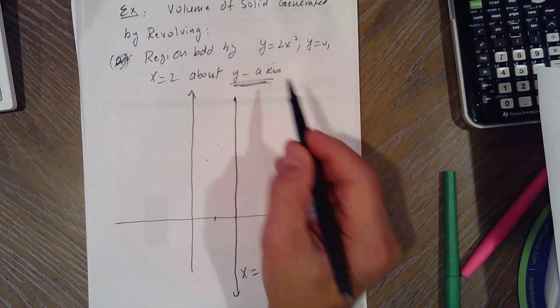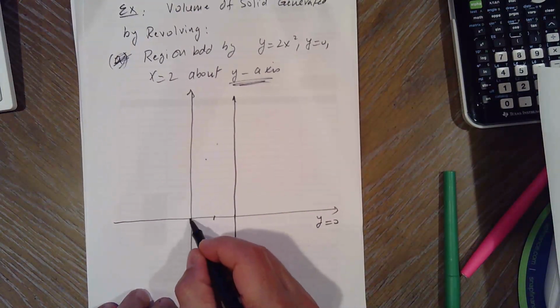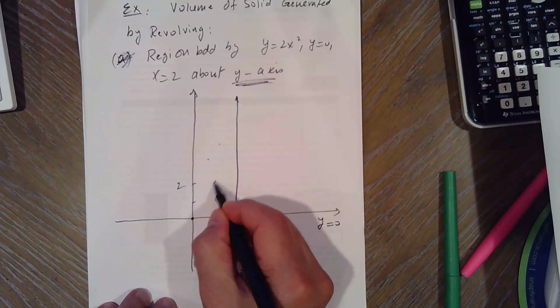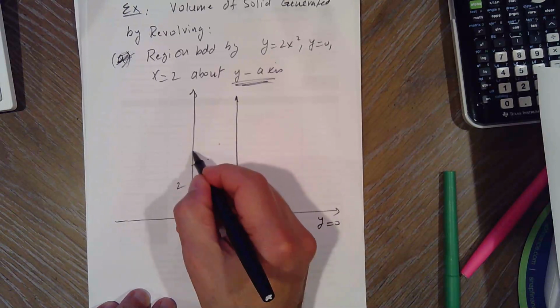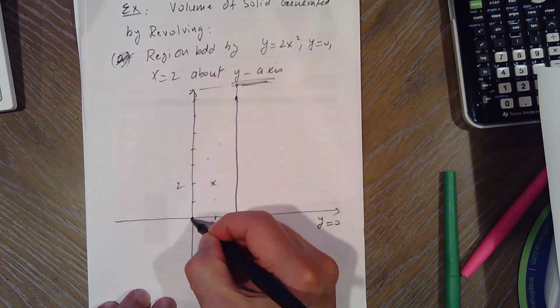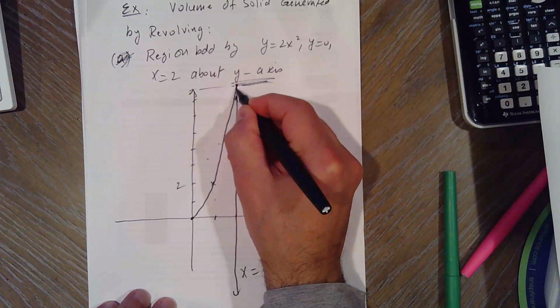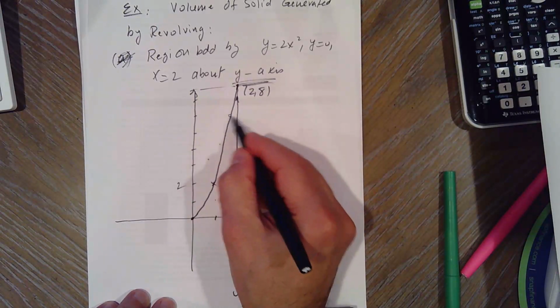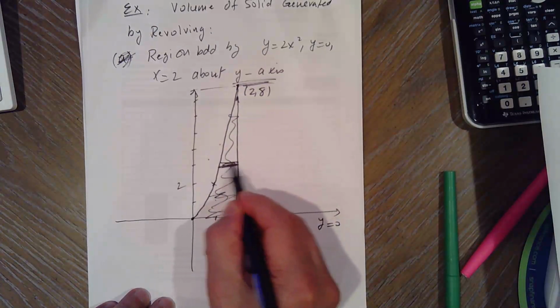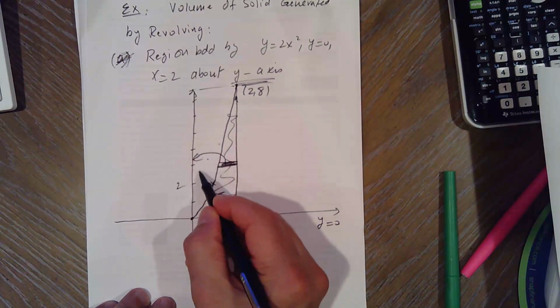We're revolving about the y-axis. 2x squared at 0 is 0, at 1 it's 2, at 2 it's 8. So we get this graph. We want this region to revolve about the y-axis, so you can see there's a gap.